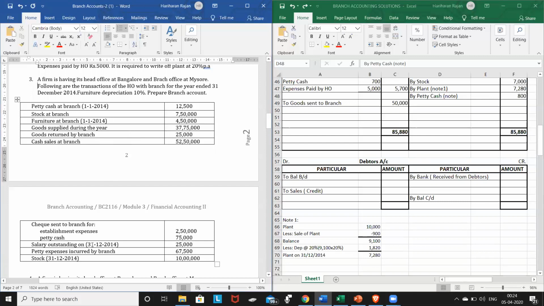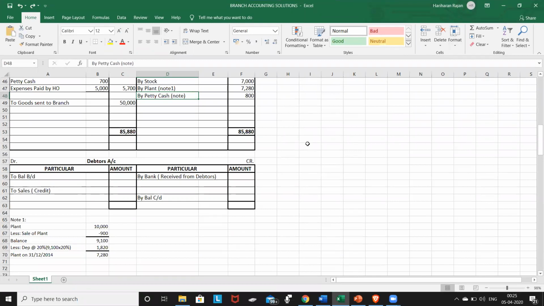Salary outstanding for the branch employee is 25,000, which has to be remitted before the money is paid, so we have to hold this money. Petty expenses incurred by the branch 67,500. Closing stock 10 lakhs. So let's solve the problem.